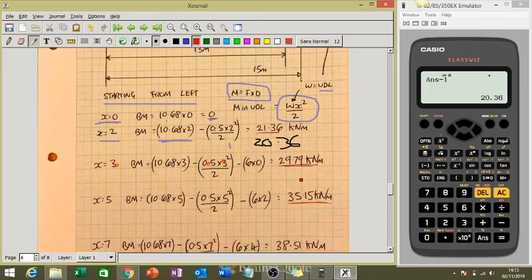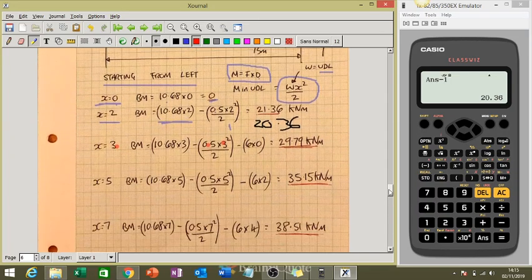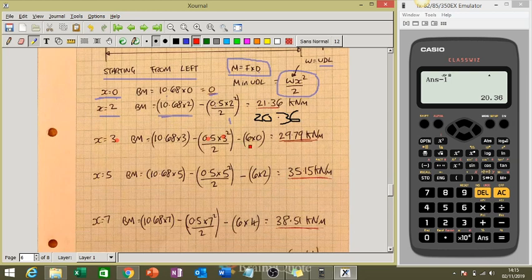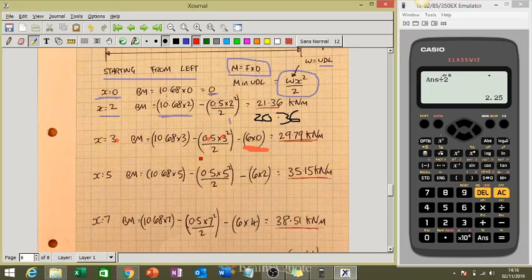Obviously there is a force there, but because I'm directly below it, there's no moment, because there's no distance. So you can put it in, but it's up to you. It is there, but it's not creating a moment. So let's do that slowly now. 0.5 times by 3 squared divided by 2 gives me 2.25.